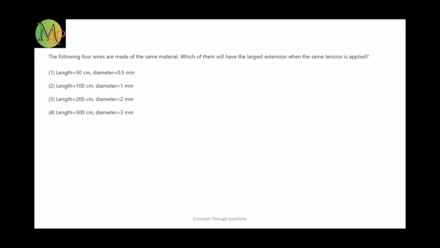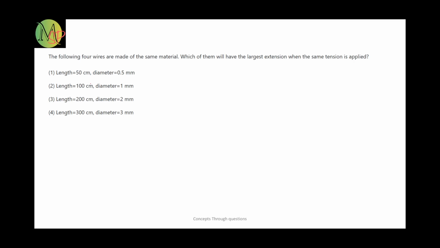Okay, next, this is a question which was already asked in the NEET. Here, the following 4 wires are made of the same material. Which of them will have the largest extension when the same tension, the same tensile force, is applied? So which wire is going to show the largest extension?